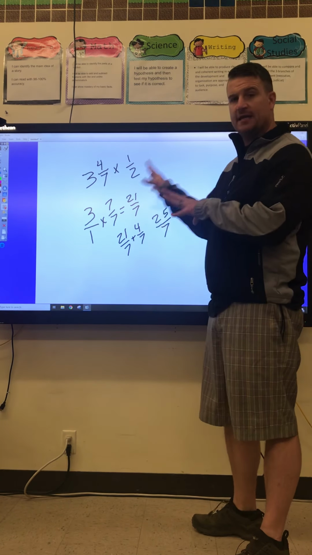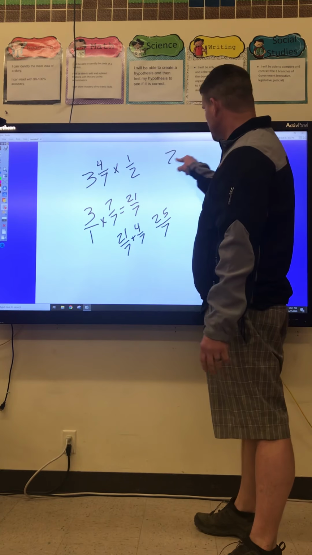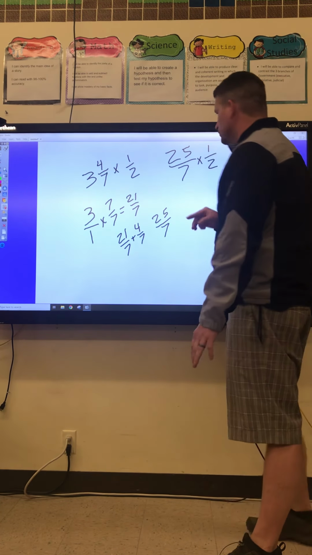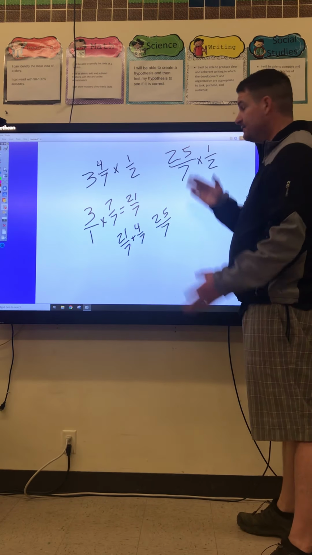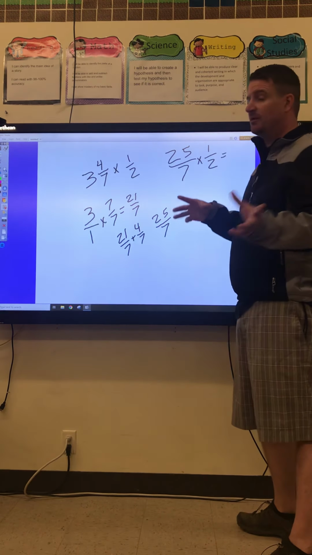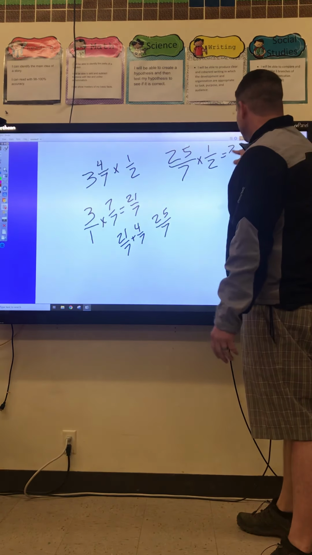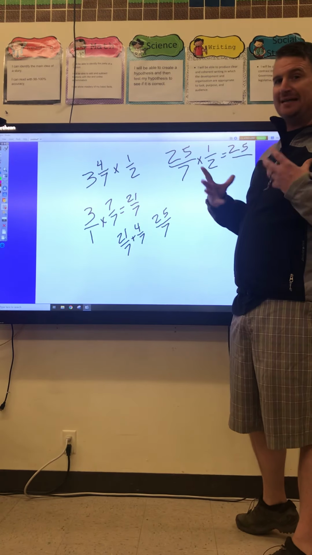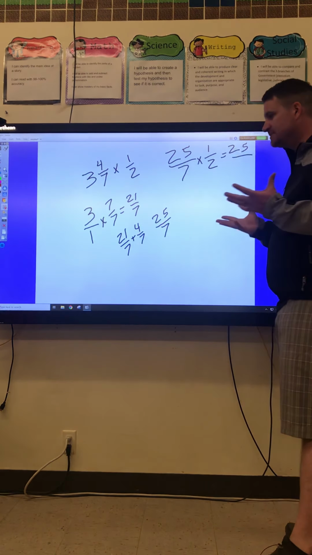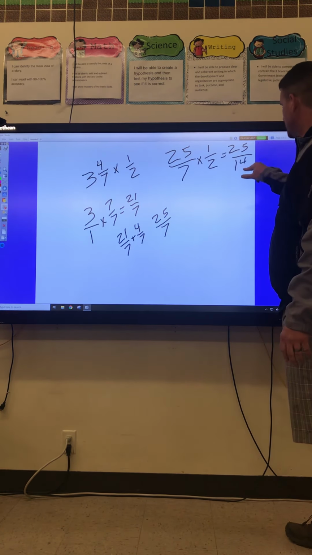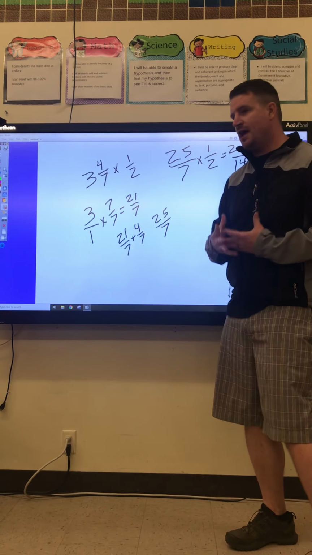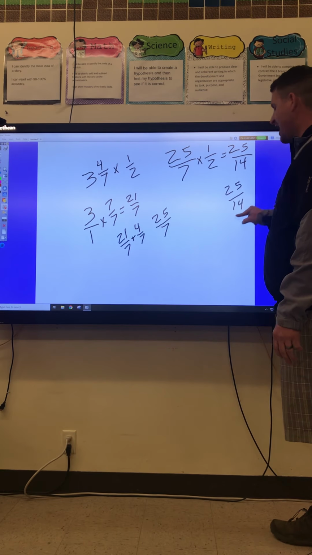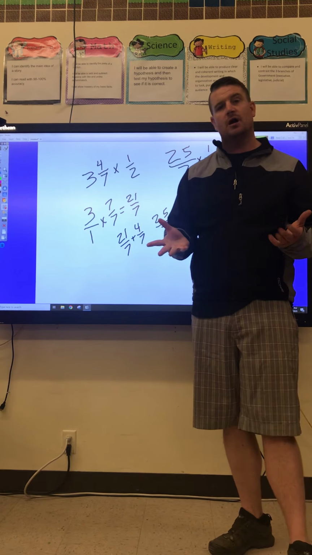So now we can write it and multiply it. So we have 25 sevens times 1/2. So we have 25 times 1. Remember, our numerators times our numerators, 25 over 7 times 2, denominators times denominators, if you know what I'm saying. It is 14. Now we have an improper fraction, but it's our answer. So we have to make this improper fraction into a proper fraction.